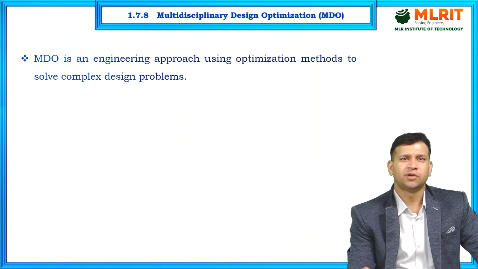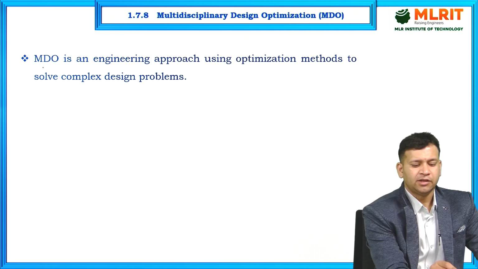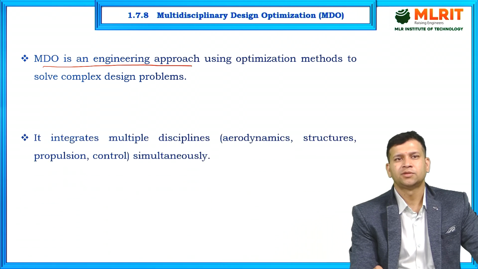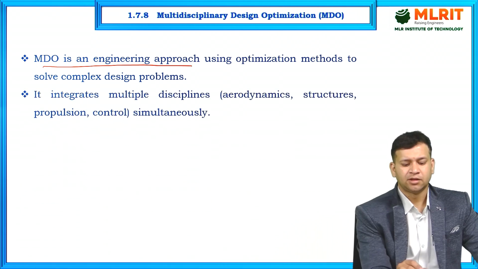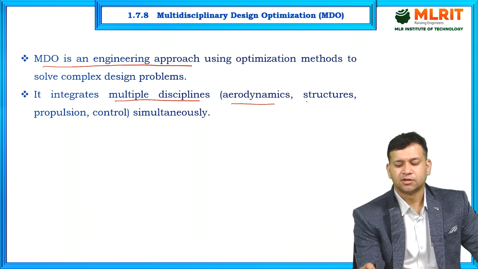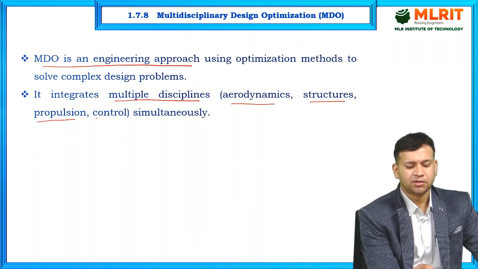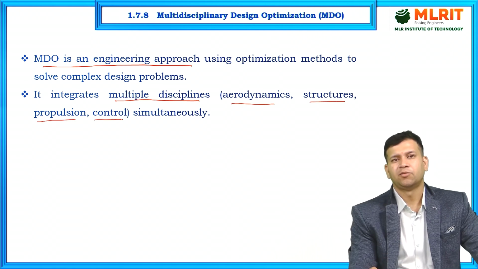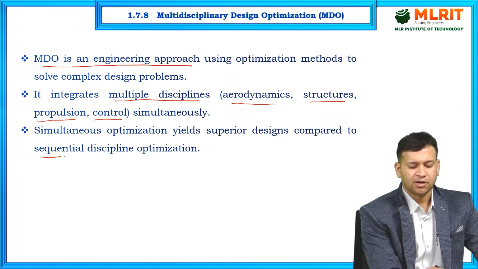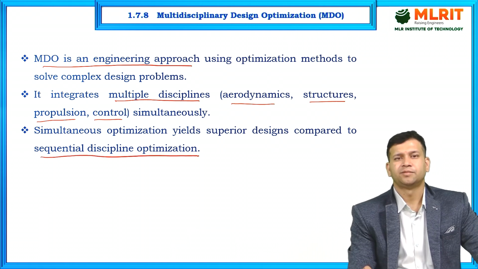Multidisciplinary design optimization. MDO is an engineering approach using optimization methods to solve complex design problems. It integrates multiple disciplines like aerodynamics, structures, propulsion, control and navigation simultaneously. Simultaneous optimization yields superior designs compared to sequential discipline optimization.